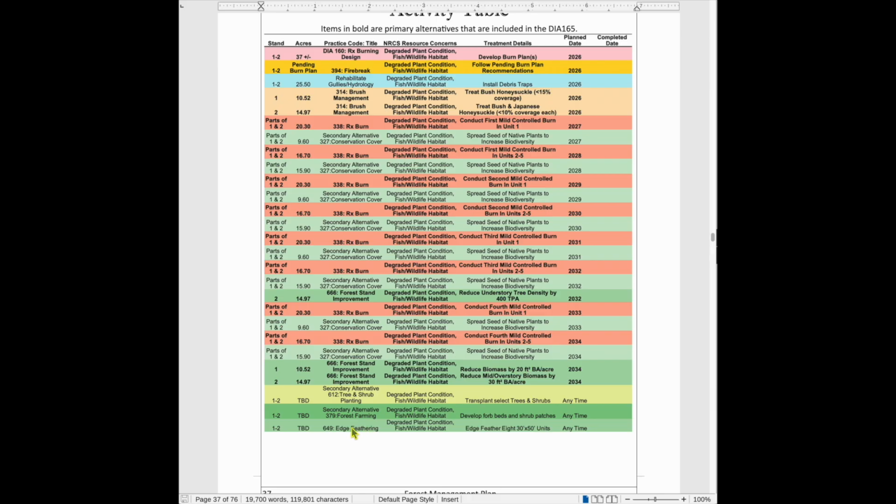And then edge feathering, which is along the forest edge, field edge, 30 by 50 foot units where you drop all the trees out into the field. So these are things that definitely can be done, but the landowner did not express interest in doing them at this time. I threw them in here so if the client changes their mind in 5 years, they're going to still be in the pipeline and eligible.